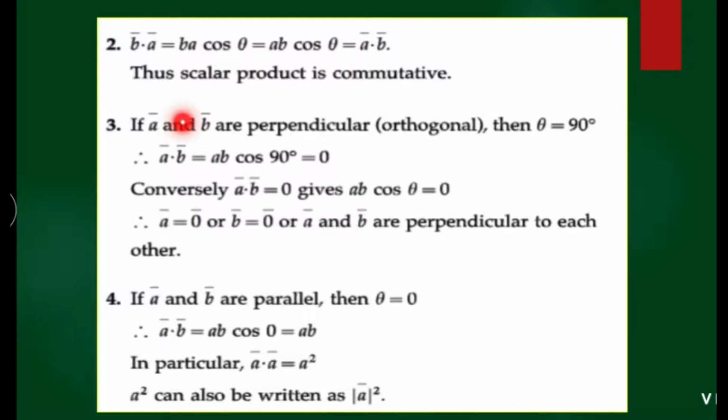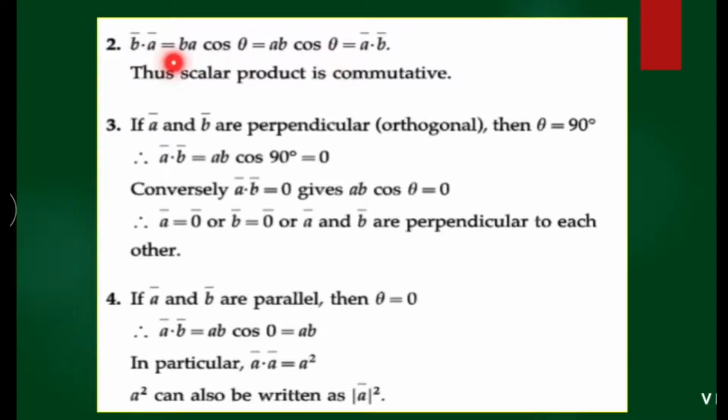Now see the second property. Vector B dot vector A equals, we write this as magnitude of B into magnitude of A and the angle between them in cosine ratio. So we write here BA cos theta. We can write this BA as AB. So this AB cos theta can be written as vector A dot vector B. So from this we say that this scalar product is commutative.